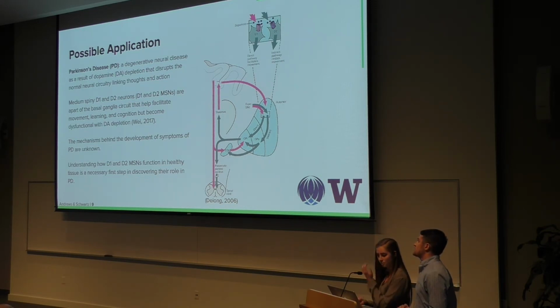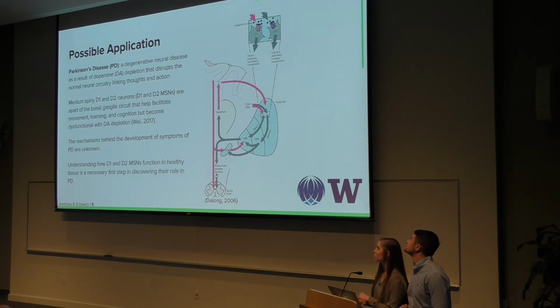And the mechanisms behind the development of symptoms of PD are unknown. However, we do know that in patients who develop Parkinson's disease, symptoms start to develop when 50 to 60% of dopaminergic neurons experience cell death, and 70 to 80% of dopamine in the striatum is depleted.